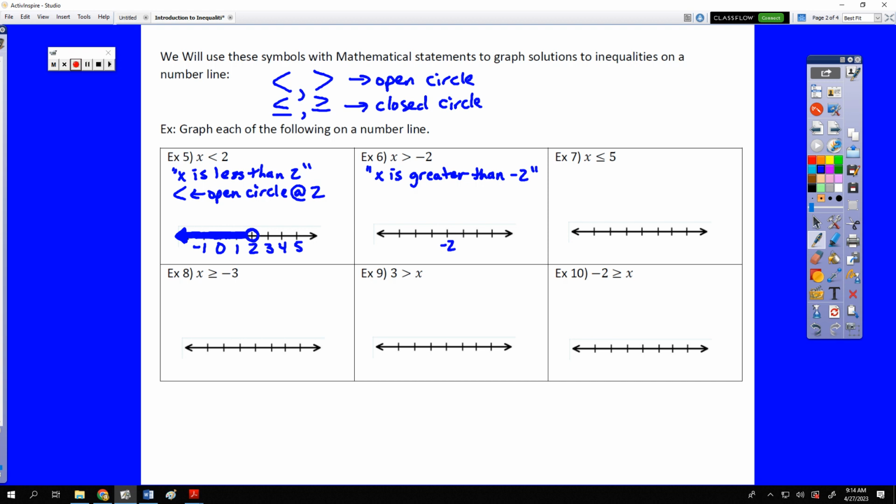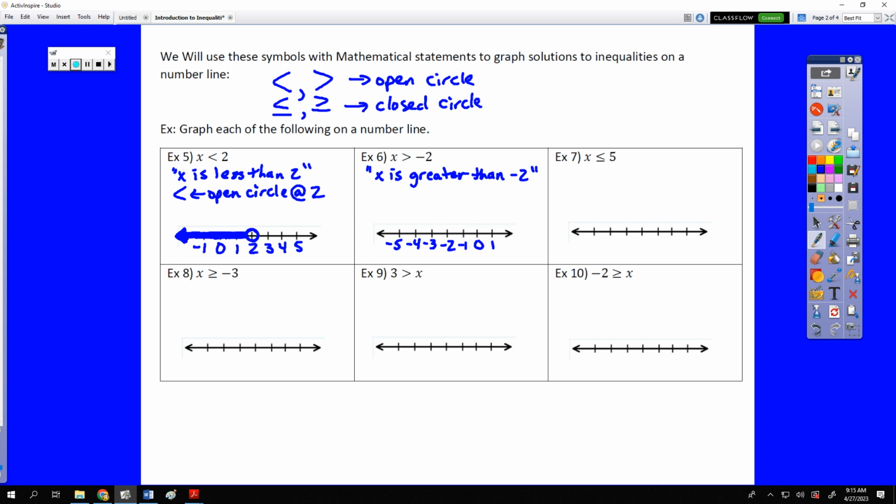What are some numbers that are bigger than negative 2? This is tricky. Negative 1, 0, 1. Going the other direction, negative 3, negative 4, negative 5. We need to get those numbers on that number line so that we can graph.